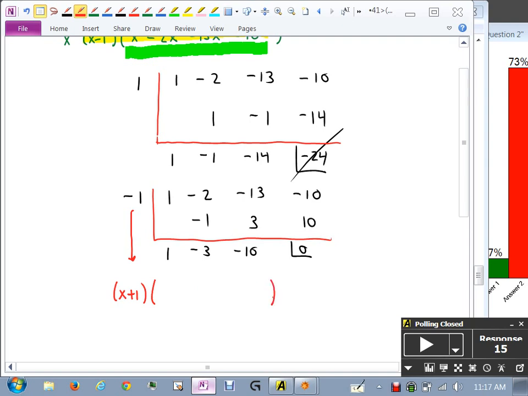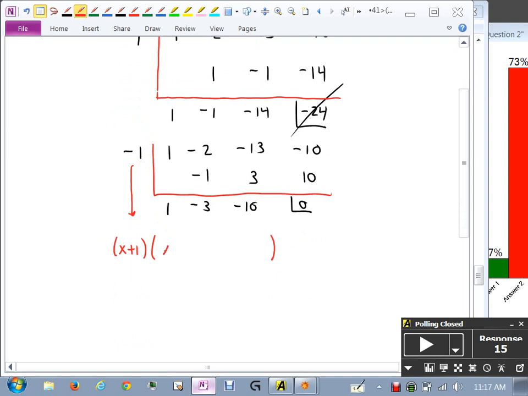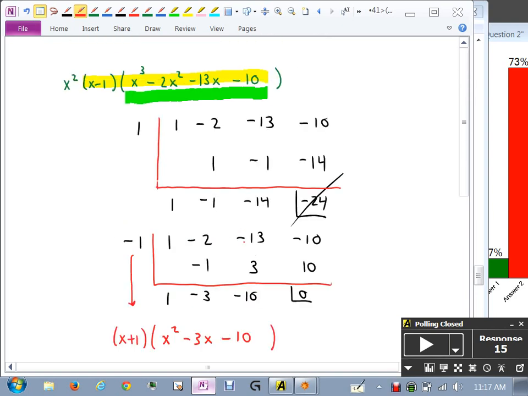Then the remaining piece is going to start off with a 1x squared, because the thing we were working on was the green one was cubed. So this will be x squared minus 3x minus 10. And then what did we still have in front of that? X minus 1, we'll go ahead and bring that down. And then in front of that, we had the x squared.